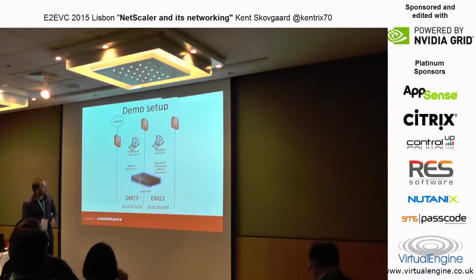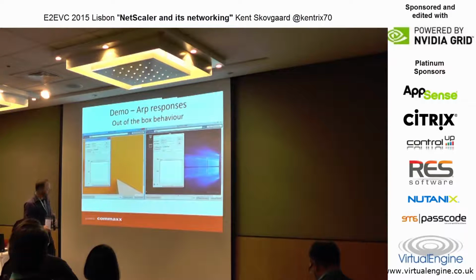The demo setup is like this. You have a couple of Windows machines, and you have NetScaler in 2-arm mode with a management IP on the DMC2 and a subnet IP for that subnet and a subnet IP for the DMC3 subnet. Right?